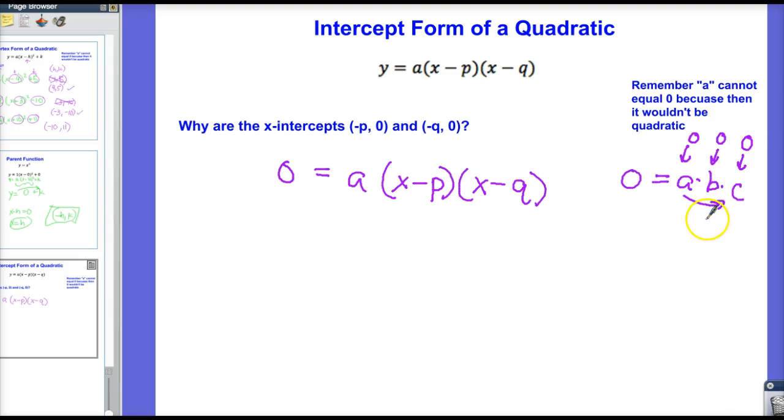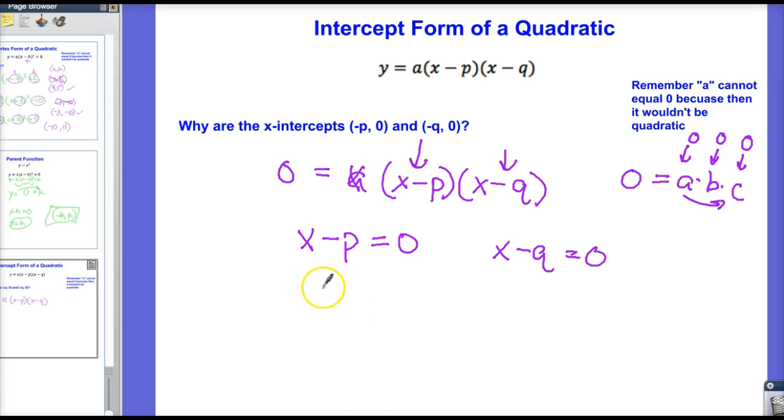If b is 0, the whole thing's 0. Same with c. In this case, we know it's not a, so we're just going to disregard that. So we know that either x minus p equals 0 or x minus q equals 0, or both.